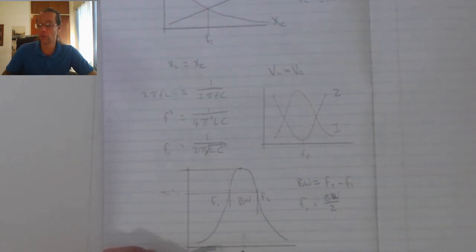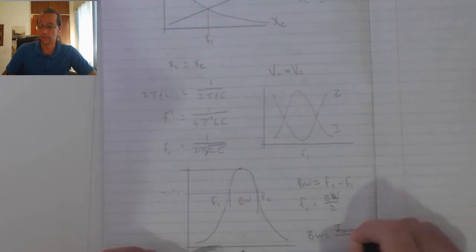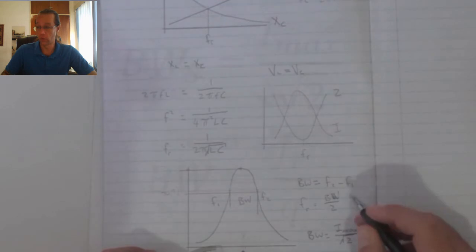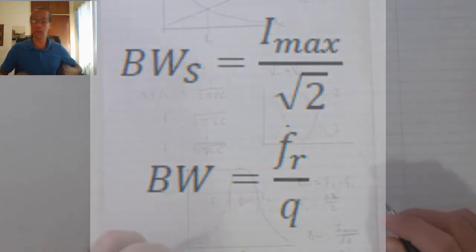Another way to calculate the bandwidth is equal to I max divided by the square root of 2. And my bandwidth is also equal to my resonant frequency divided by my Q factor. Now what is the Q factor?